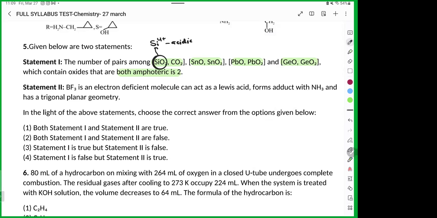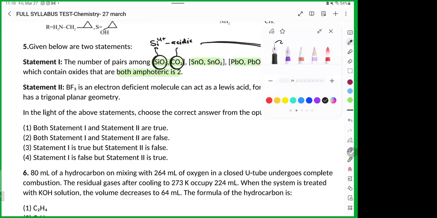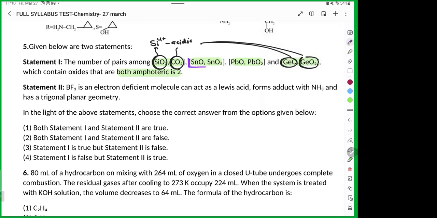Same with CO2, high charge means acidic in nature. Same in case of GeO2. It means the first pair and last pair will be acidic in nature, and the middle two are amphoteric.